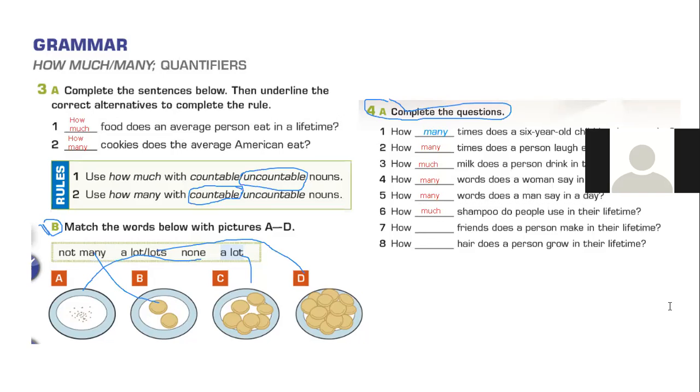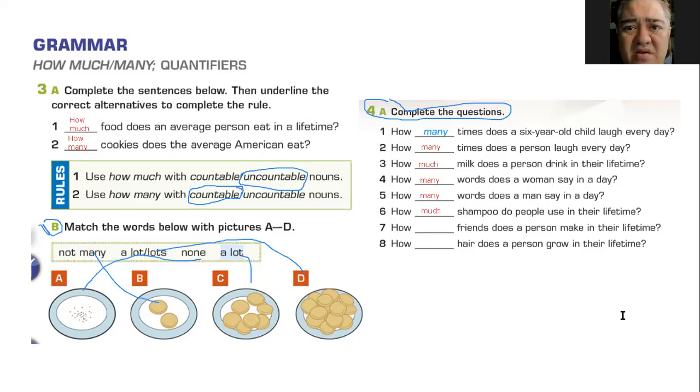Number seven, Adriana. How much friends does a person make in their lifetime? Okay, can you count friends, Adriana? ¿Puedes contar a tus amigos o no los puedes contar?